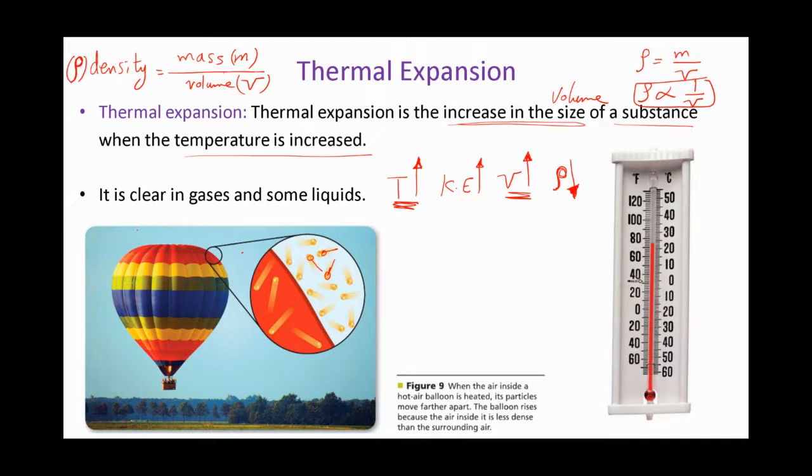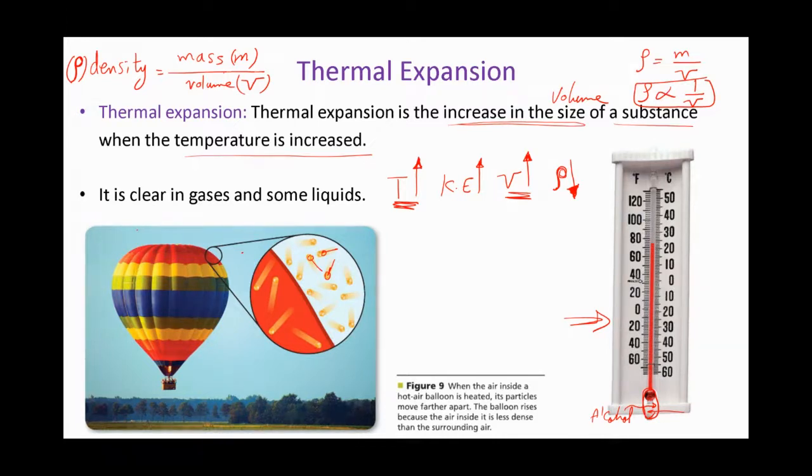So these are very important relations. The thermal expansion, we can find it in the thermometer. There is a reservoir here, a small reservoir of mercury or alcohol. They have a good thermal expansion coefficient. So when you heat it up, so when you increase its temperature, it will expand.